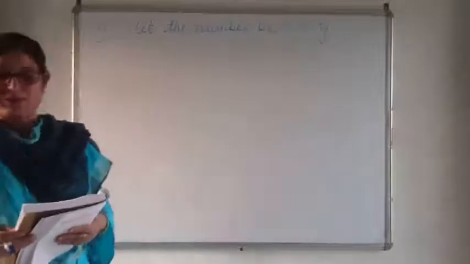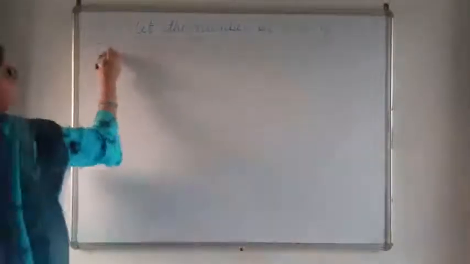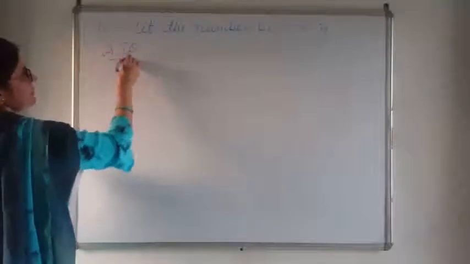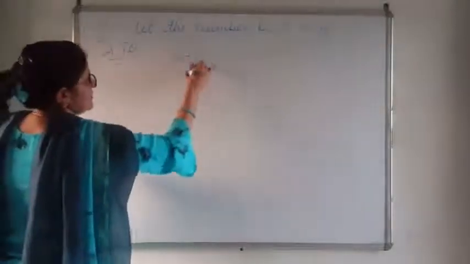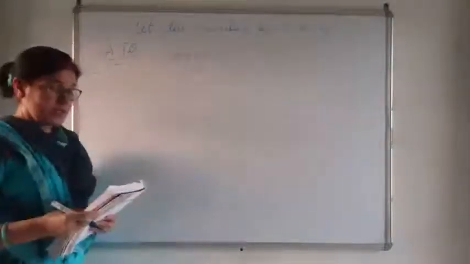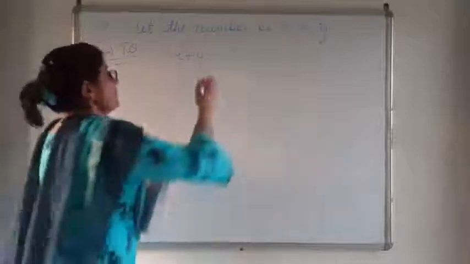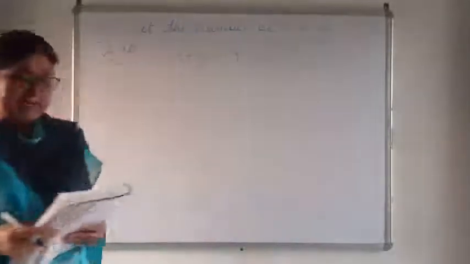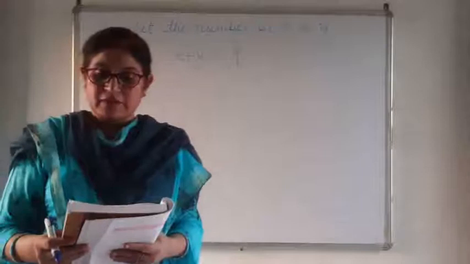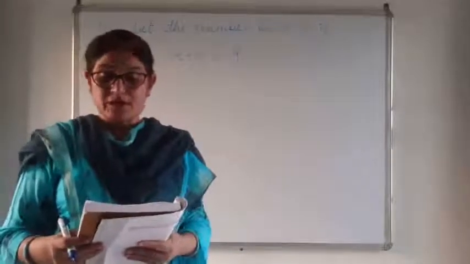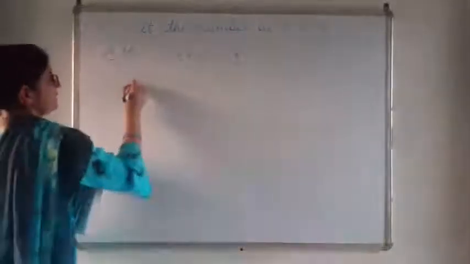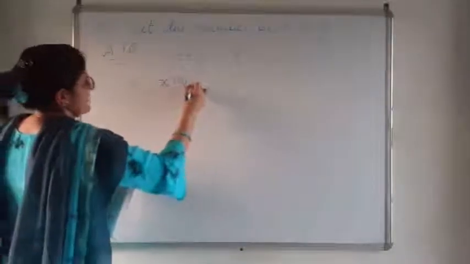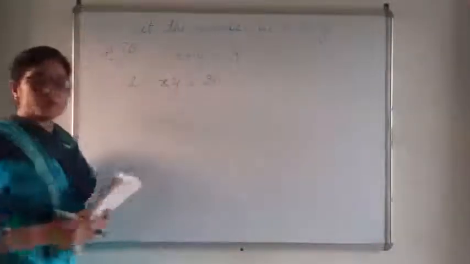According to the question, the sum of these two numbers, means when we add both the numbers, is equal to 9. Secondly, it is given that their product is 20. That means when we multiply them, they give 20.